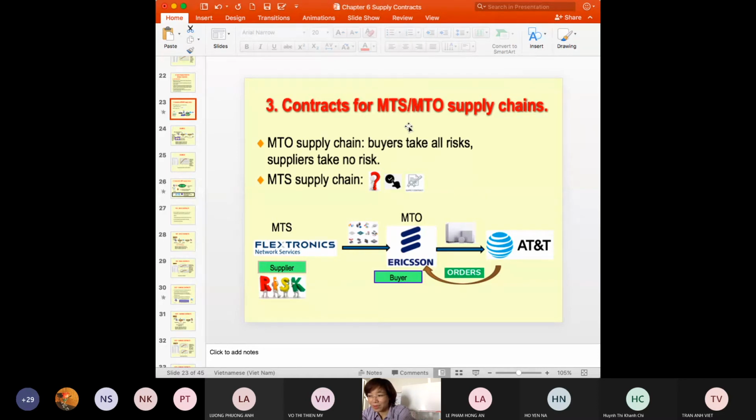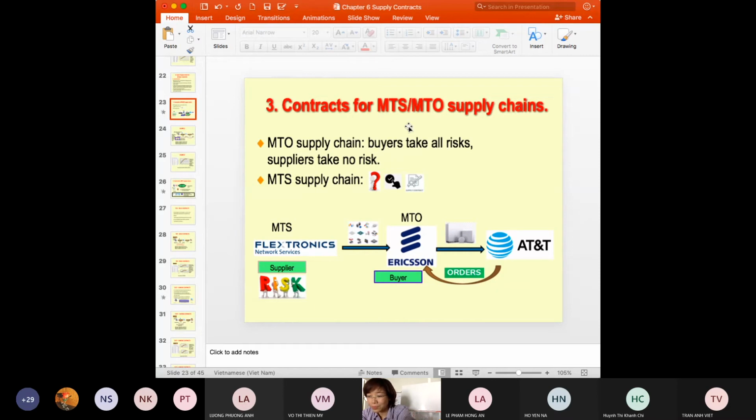All the contracts we discussed are make-to-order. In make-to-order, the buyer takes all the risk, but the supplier takes no risk. So right now we want to share the risk between supplier and buyer.